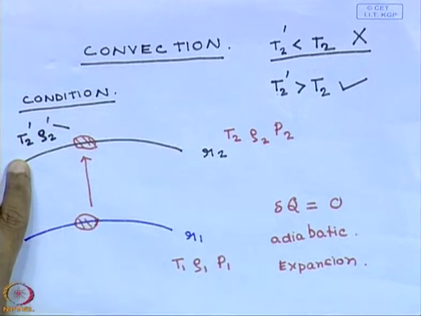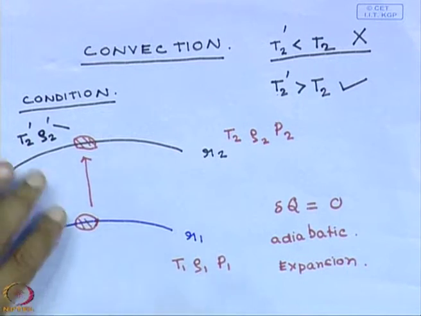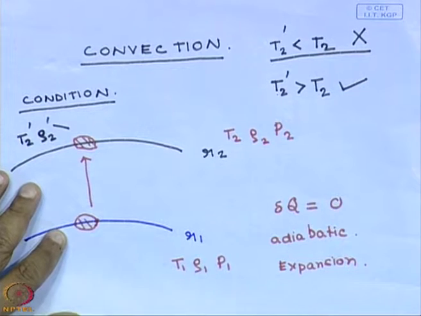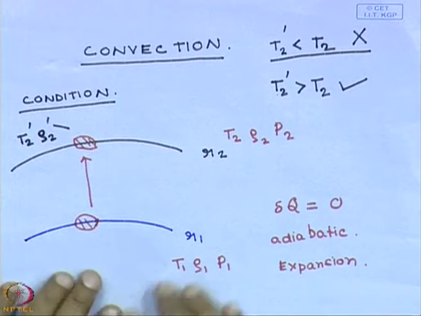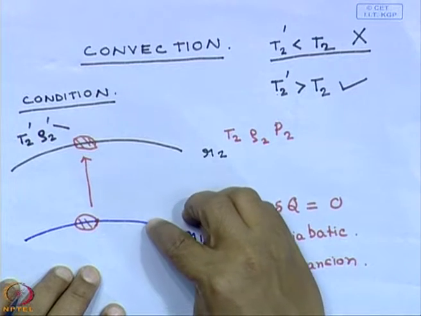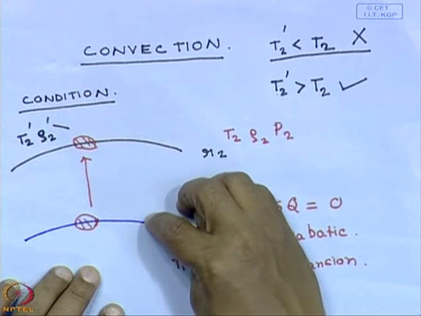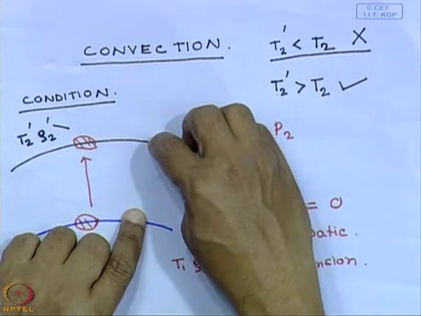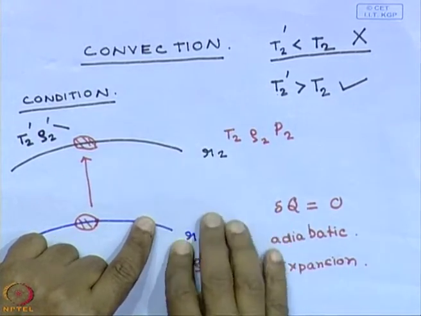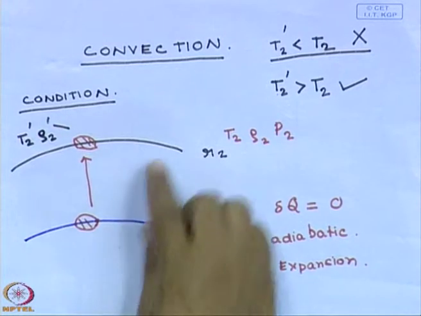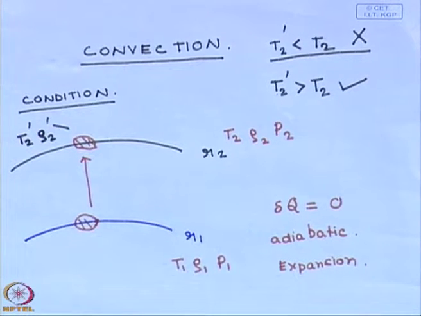This is the condition for convection in general. Okay. And in this case, the temperature profile here and the surrounding temperature are both determined by the radiative transport of energy.